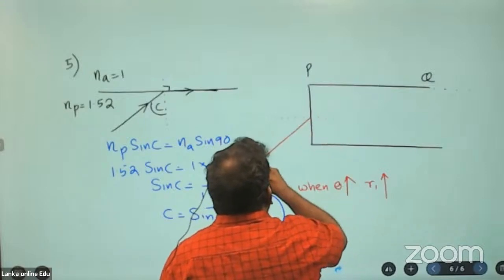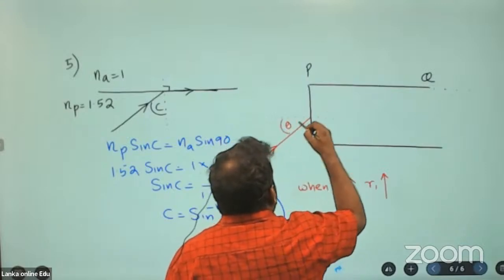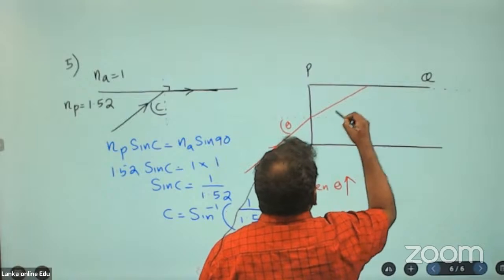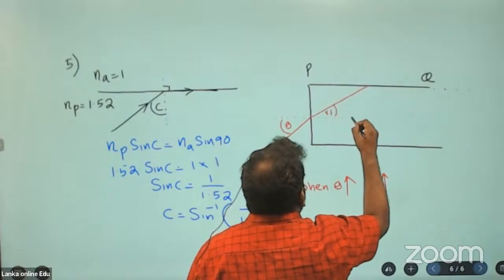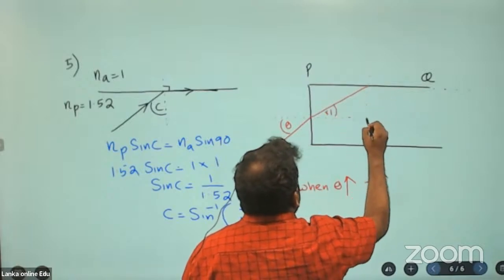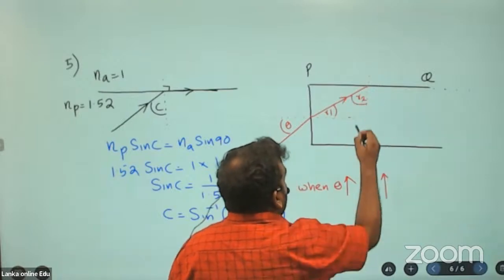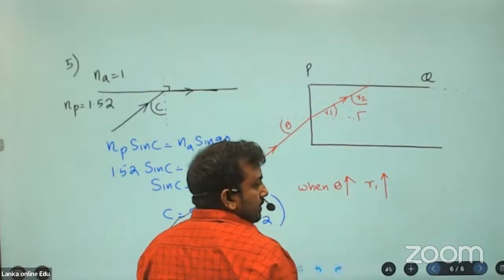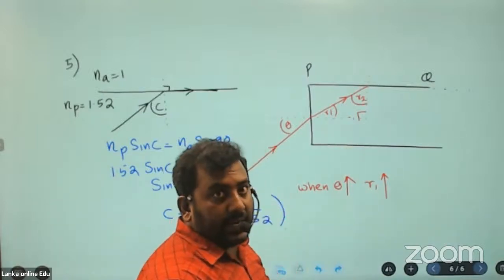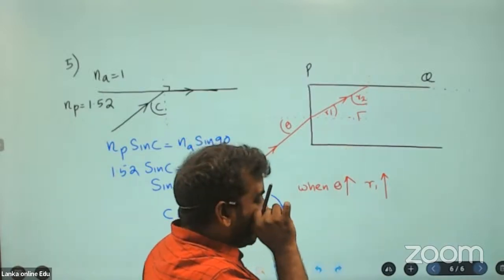I'll show you. Theta there, rarer to denser, towards the normal. Here R1, here R2. Don't forget the horizontal and vertical lines make 90.